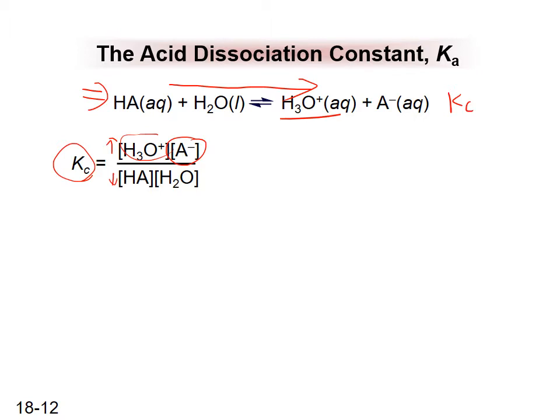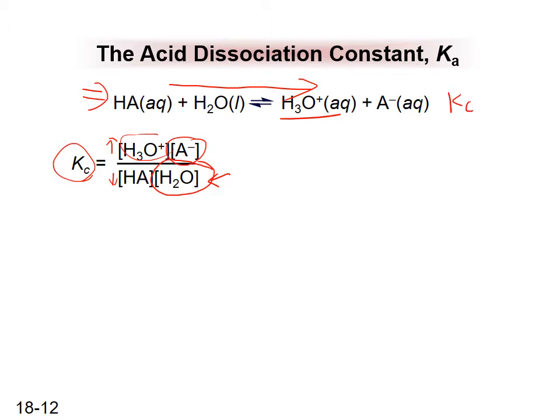Now in this equation, there's a water concentration, which is a constant that doesn't change from one solution to another. So if we compare different acid solutions, the concentration of water is the same, which doesn't help the comparison.